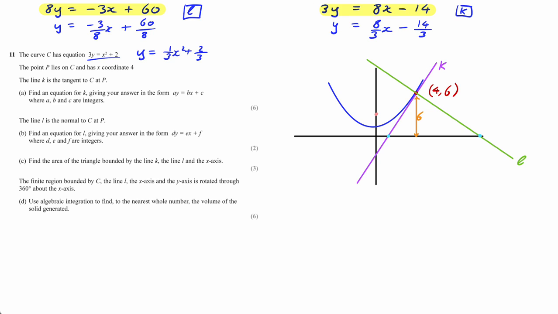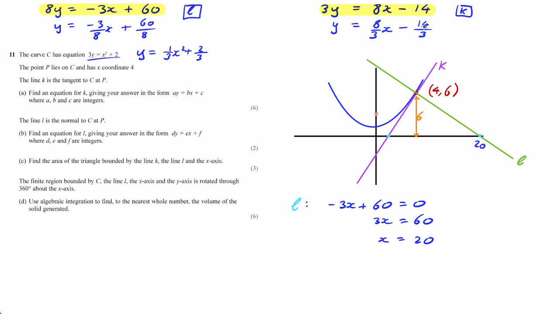So for L, let's do L. For the L graph, I'll go back to this top one here. I can just say minus 3x plus 60 equals 0. 3x equals 60. x equals 20. So that's actually this guy, this guy is 20.